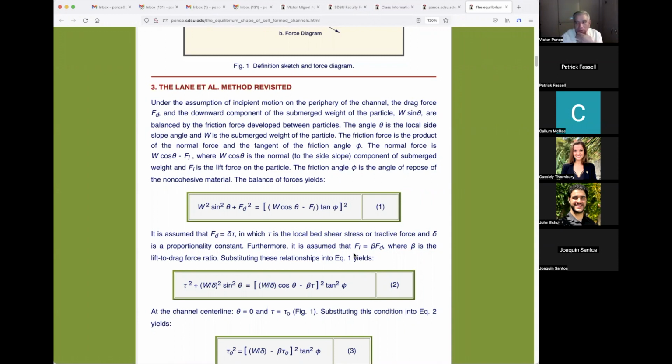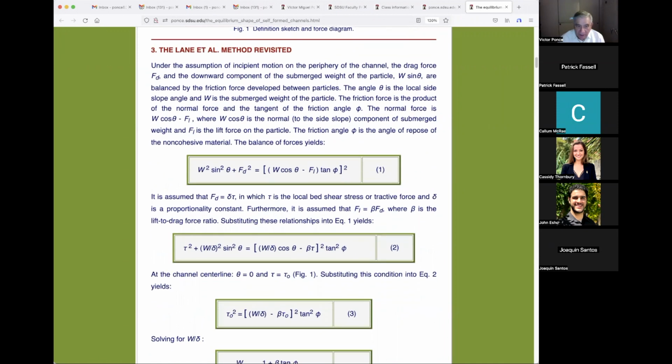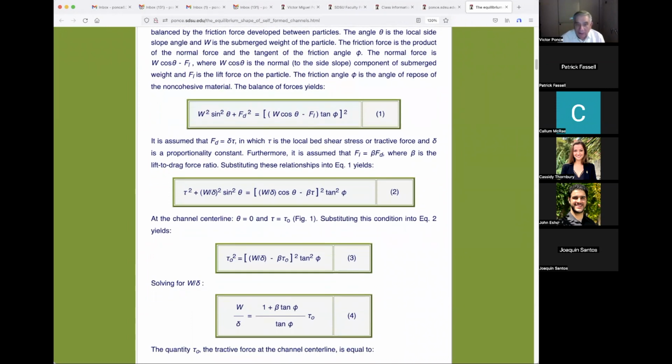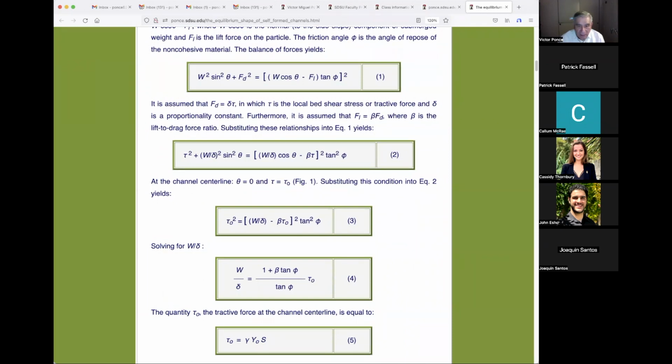People have done this work in the laboratory and so forth, and we at the time had some reasonable values that could be used for the beta parameter of this methodology. So at the center line, we have boundary conditions, and we solve for W over delta.